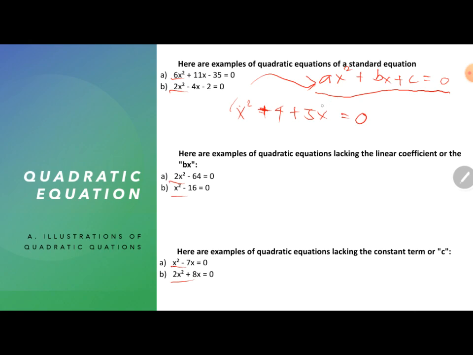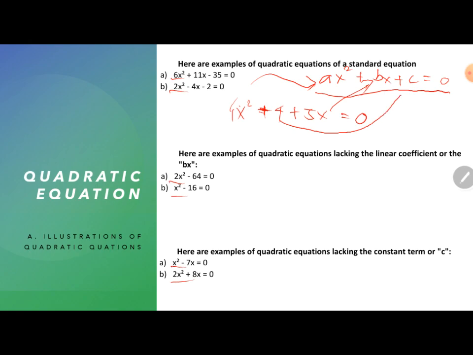Okay, you might ask, where's the a in that one? It is imaginary, since the x squared contains an implied 1 here. Next would be the bx, which is the 5x, and 4, which is our constant.